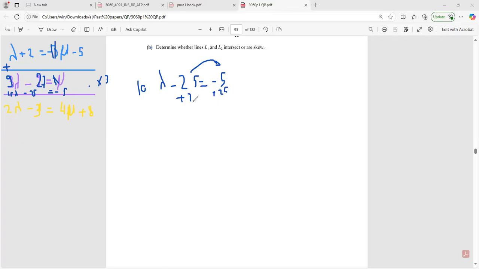Then we're going to kick it, so the 10 lambda will be equal to 20. So the lambda here will be equal to 2, and the mu will be equal to negative 3. So actually they do not intersect and they are not parallel, but for sure they are skew. And done. Let's see the next.